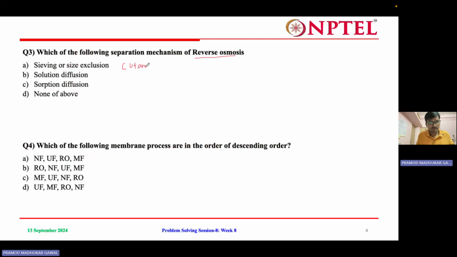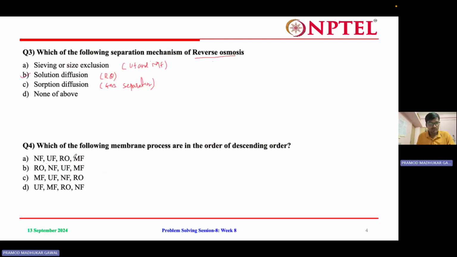Solution diffusion is the separation mechanism for reverse osmosis, and sorption diffusion is for gas separation. This question asks for the separation mechanism for reverse osmosis, so option B, solution diffusion, is the correct answer.